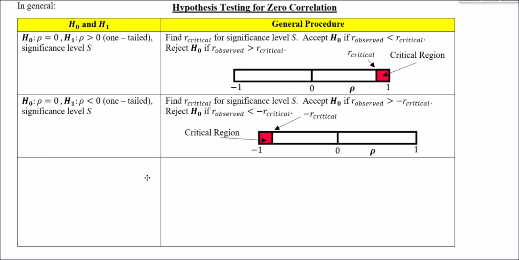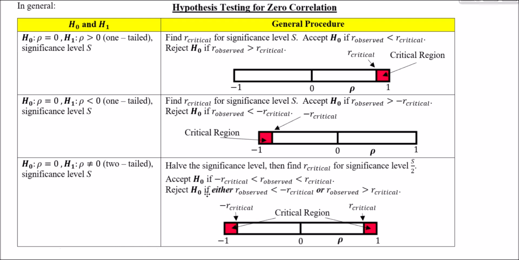If it's a two-tailed test, like so, where your alternative hypothesis is just that rho is not equal to 0, you're going to have 2 bits for your critical region at either end, like so. So what you do here, this is important, you halve the significance level and apply half the significance in each tail. So for example, if your significance level was 10%, you'd go 5% here and 5% there.